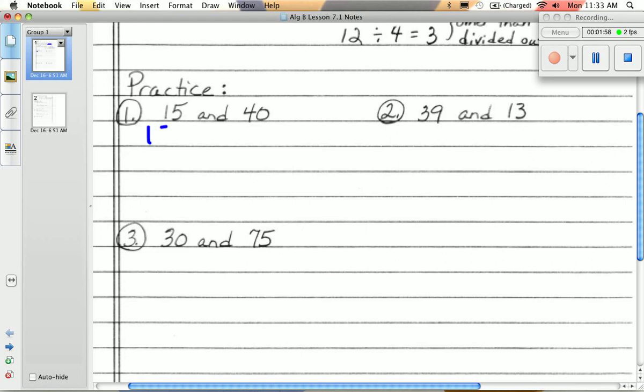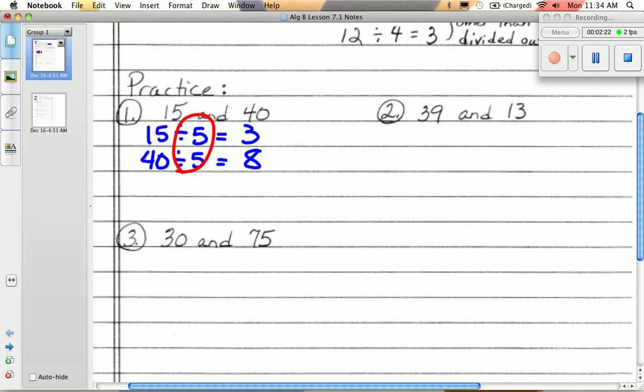So 15 divided by 5 is what? 3. And so that divides in nicely. 40 divided by 5 is 8. So they were both divided by 5, right? So right now we could stop and say we think the GCF is 5.